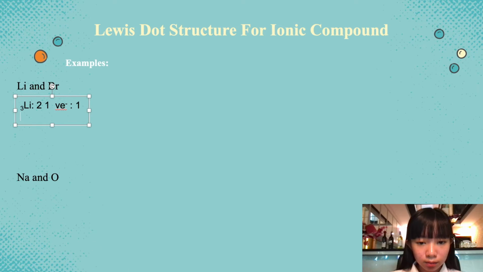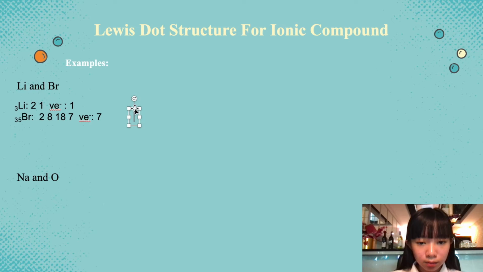Now for bromine, the electron configuration is 2, 8, 18, and 7. And now we have the valence electron for bromine is 7. After we get the valence electrons, we can now draw the Lewis dot structure for each atom.